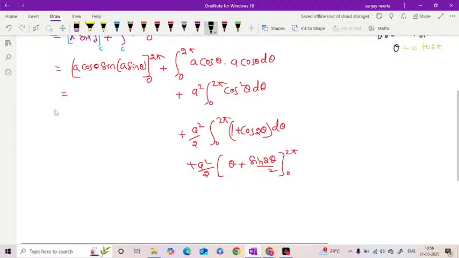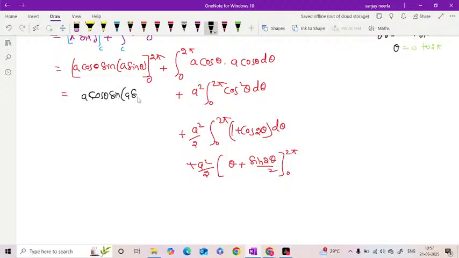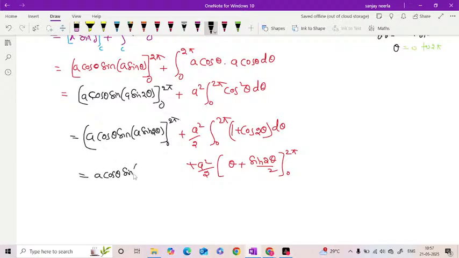This is the second integration result. The first integration, we already know, is a cos theta into a sin theta, with limits 0 to 2 pi.